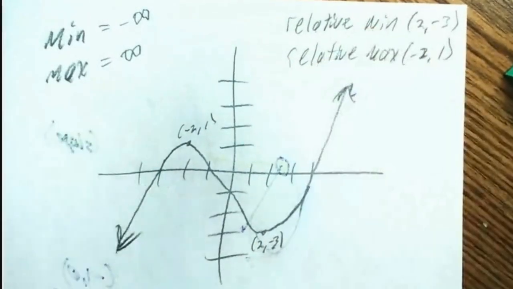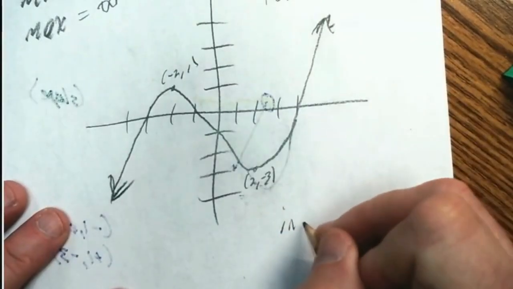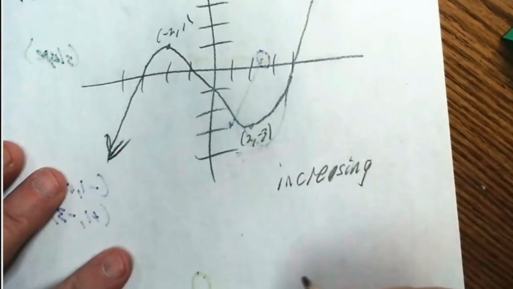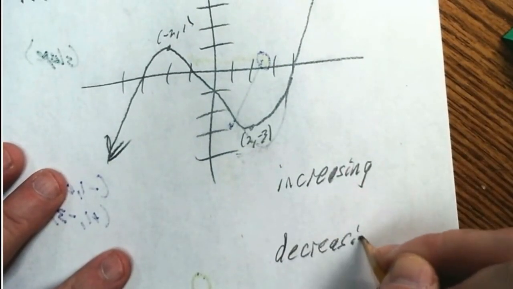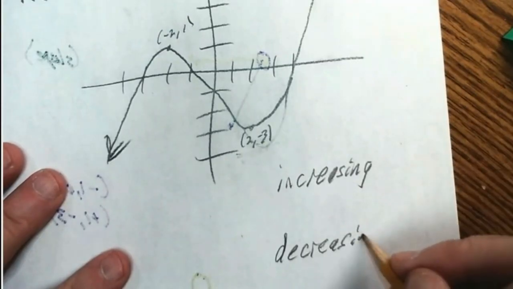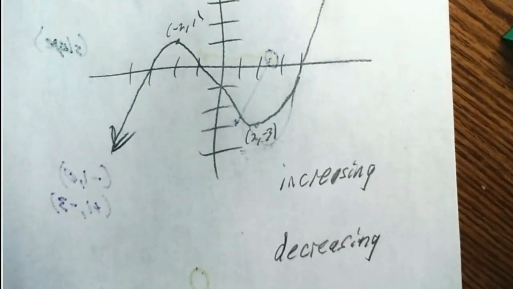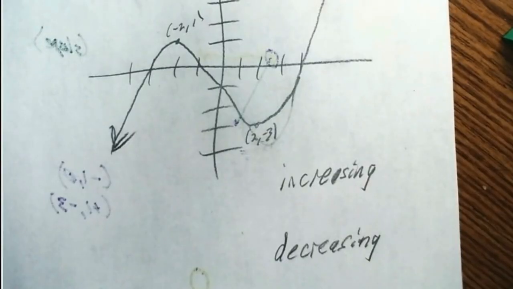All right. The other thing, increasing, decreasing. I think this will be our last thing. When is this graph increasing? If I had this on a test and I said, when is this graph increasing, how would you know how to answer that?